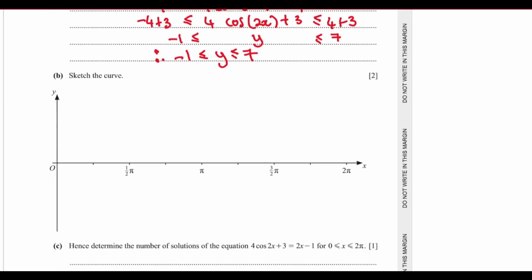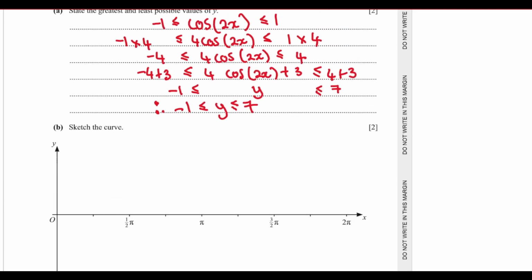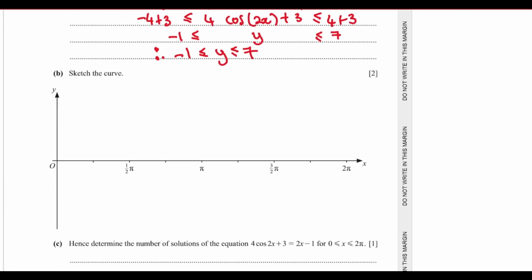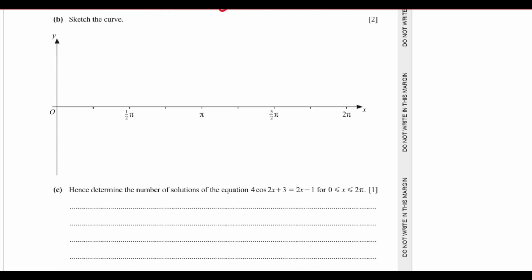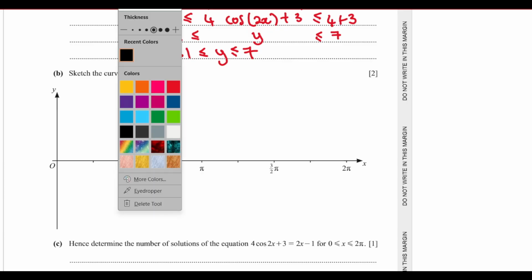Question 5b. Now we need to sketch the curve. I kind of do not like how much space they've given you here to draw this curve. You'll see why now at C. Well, let's try to draw this curve and think about how you could do that in an exam.